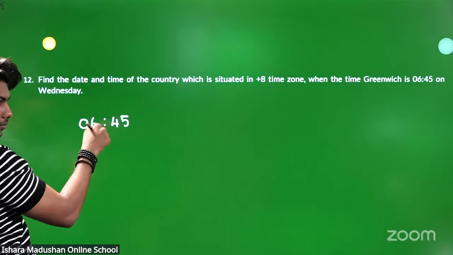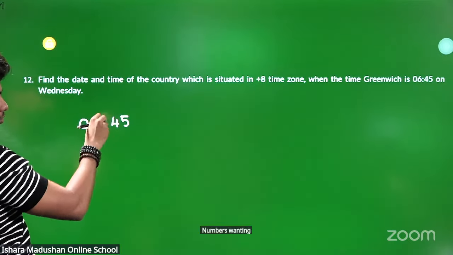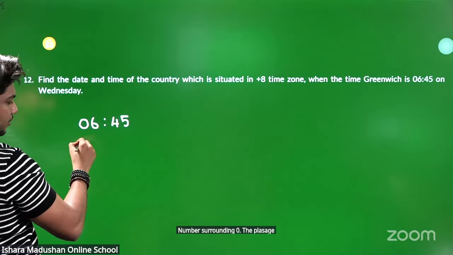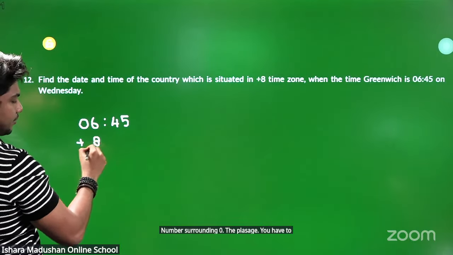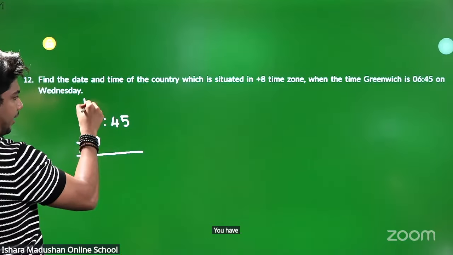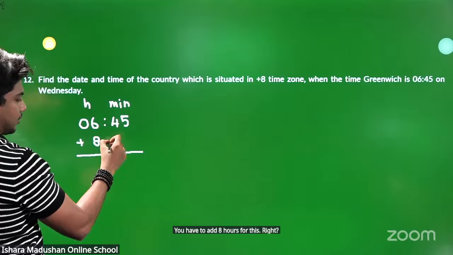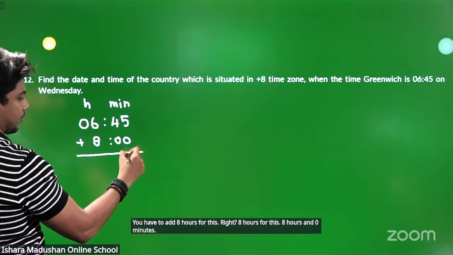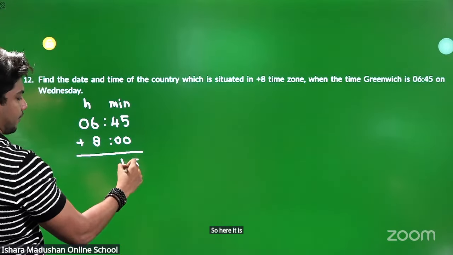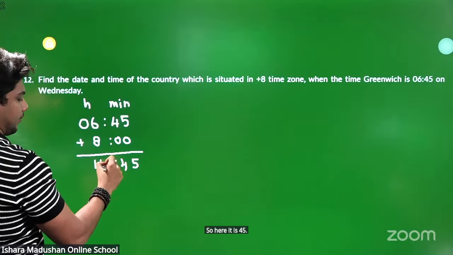The time zone there is 0. So for plus 8 you have to add 8 hours for this. 8 hours and 0 minutes. So here it is 45. So here it is 14:45.